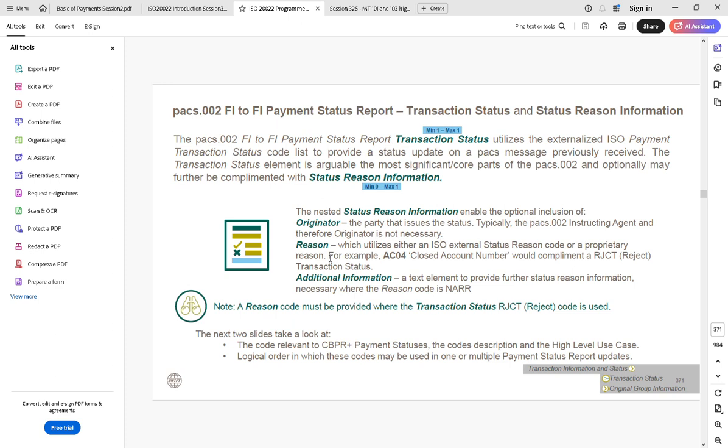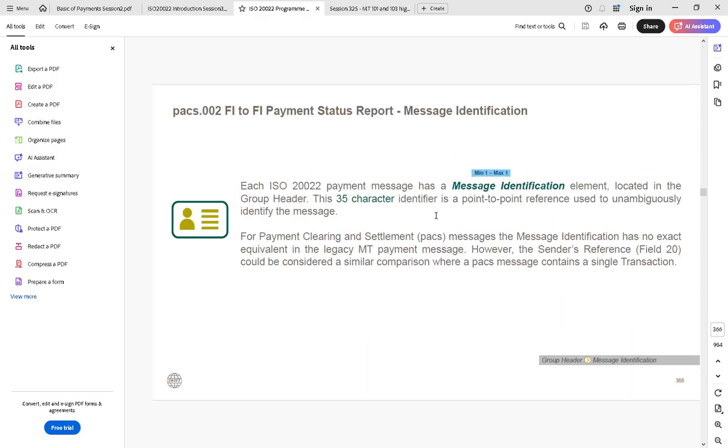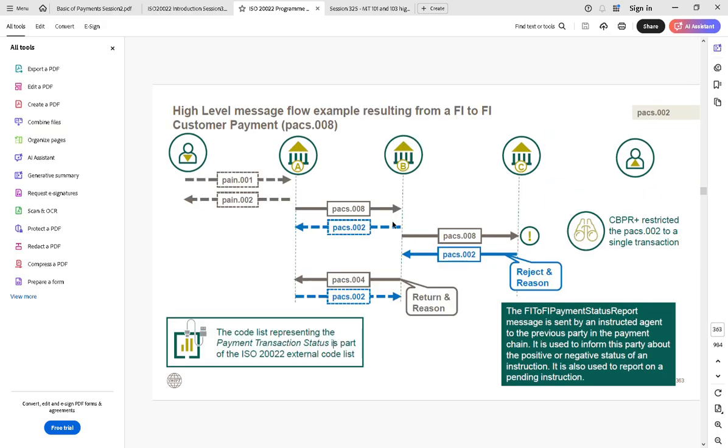For example, if AC04 comes, then it means that the account was closed, and that's why we are returning the payment, as the account is closed. Here, if agent A sends to agent B and agent B's account is closed, it will give the reason code AC04 by PACS.002 mentioning the account is closed.